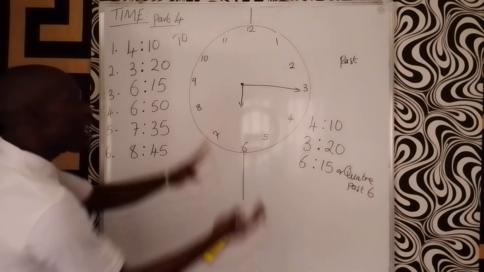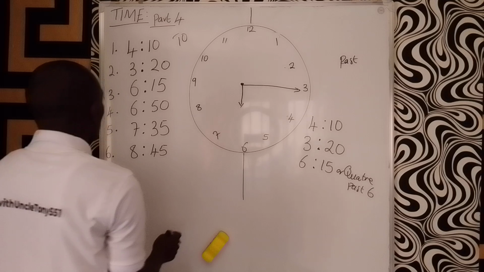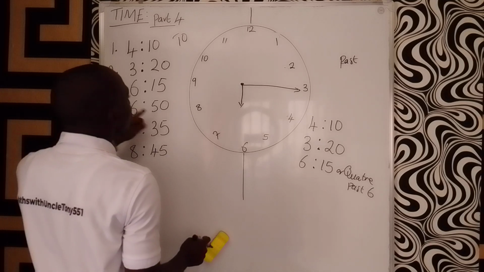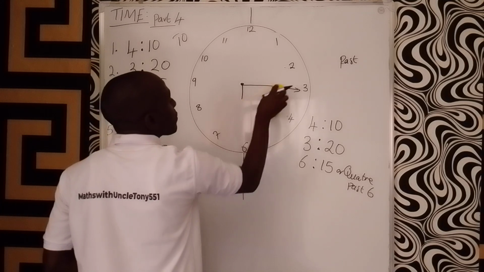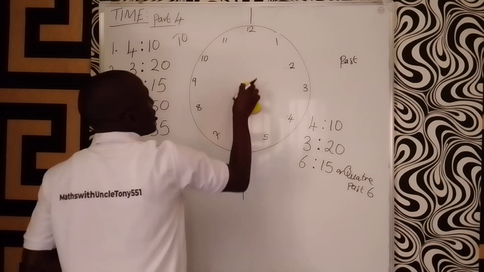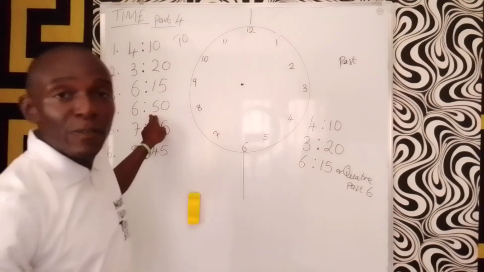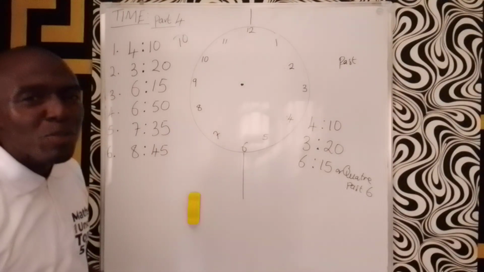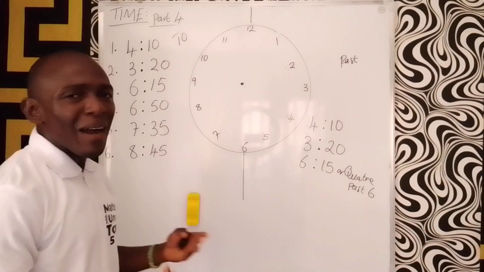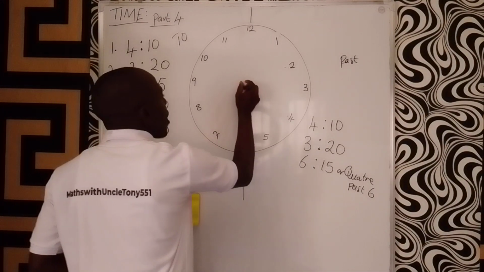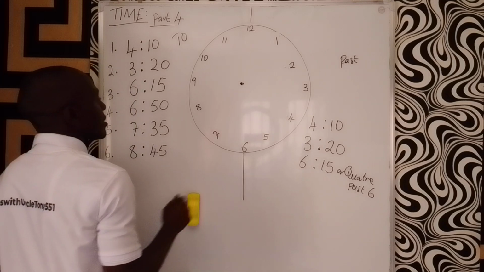Now, let's look at the other side. We have 6:50. Digitally we see a time 6:50, but 6:50 doesn't actually make sense in speech. But let me teach you how to tell the time in this format.